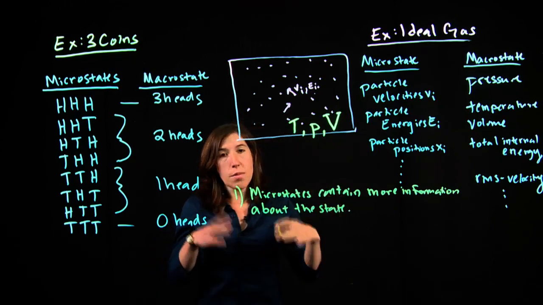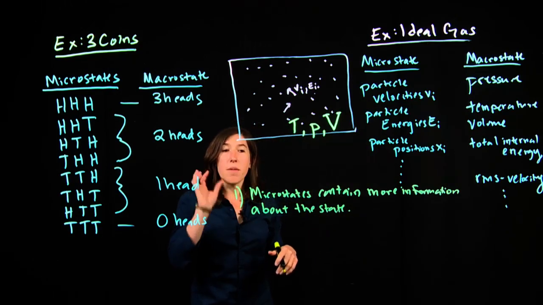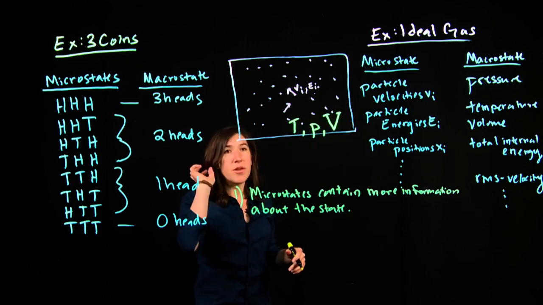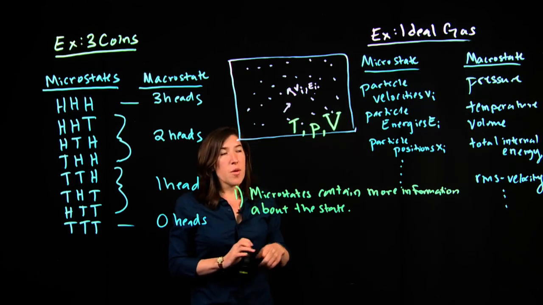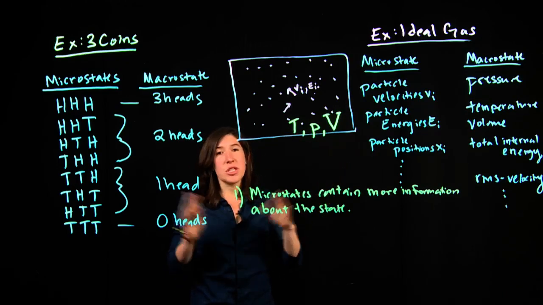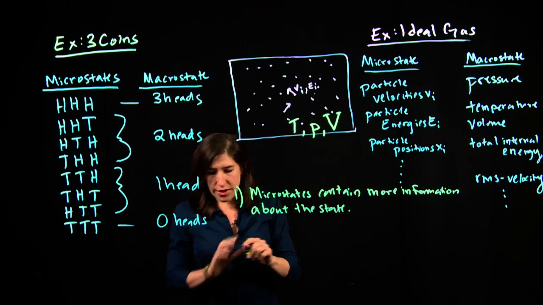So you have a system in a particular state. If you have the full microstate description, then you really know everything about the state. Whereas if you only have the macrostate description, you lose a lot of information.